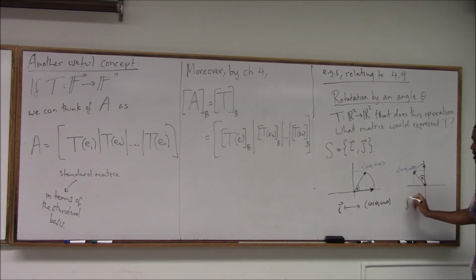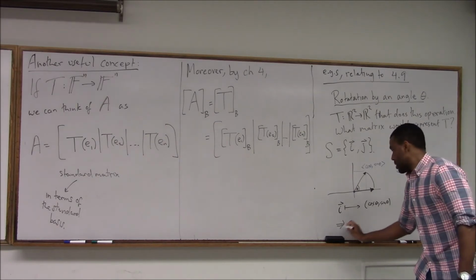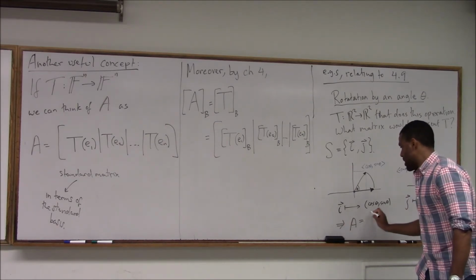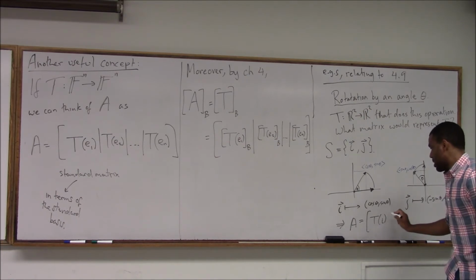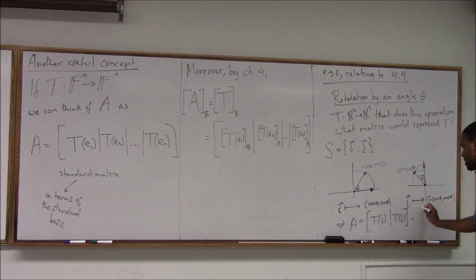Cosine theta. So this means my j vector would map to minus sine, cosine, which means my A would be the matrix that translates i and j, and hence it would be the matrix cosine, sine and minus sine, cosine.